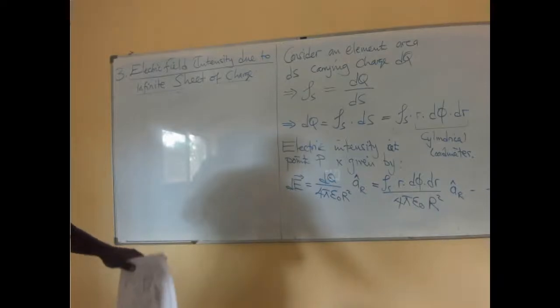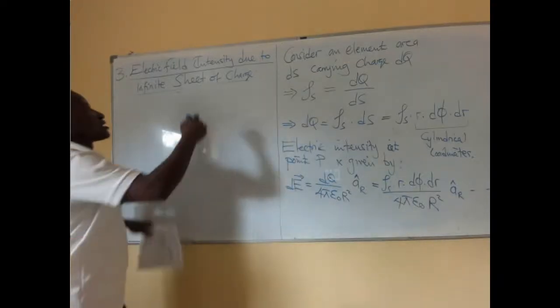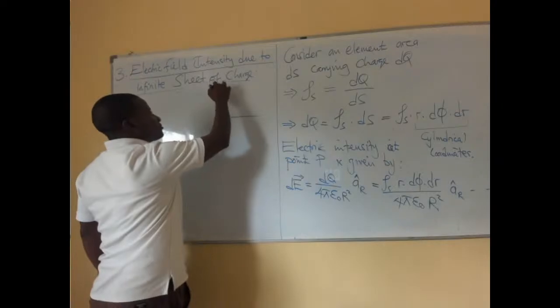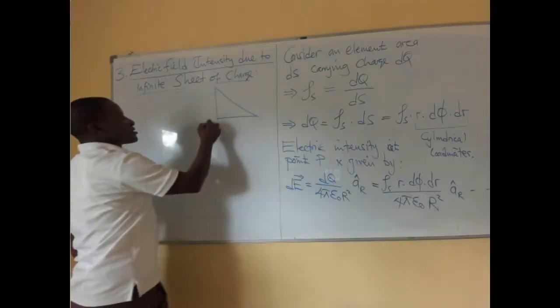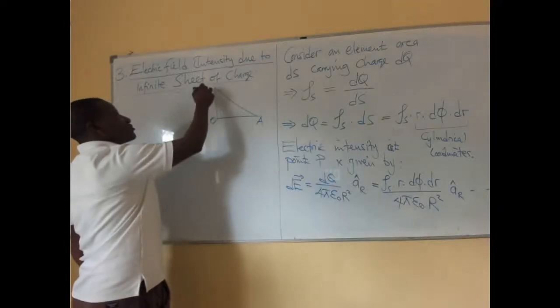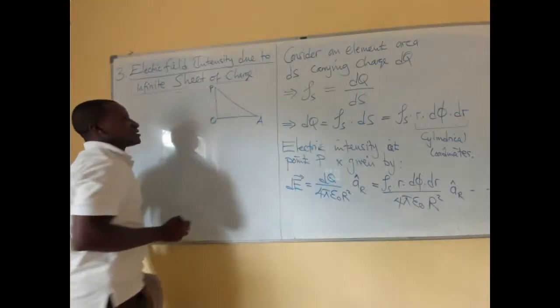So, from our diagram, we are able to pick this triangle. Of course, this is our diagram. This is our A, where we have cut a small piece. This is our point P.